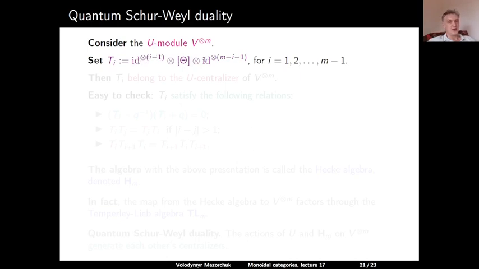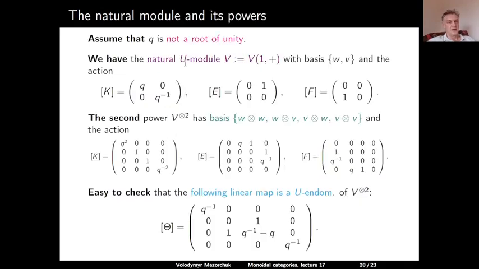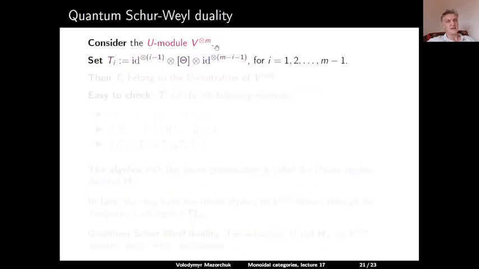Then we apply our map theta, which is an endomorphism of the second power of V given by this matrix. And then the rest is again given by the identity, the action on the remaining factors. Then from the previous slide, it follows that this belongs to the U-centralizer of the m-th power of V.